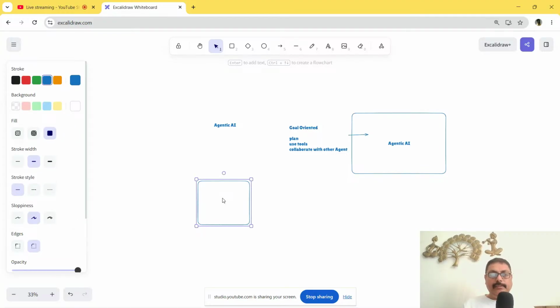In generative AI, we can have questions and answers. That's it.